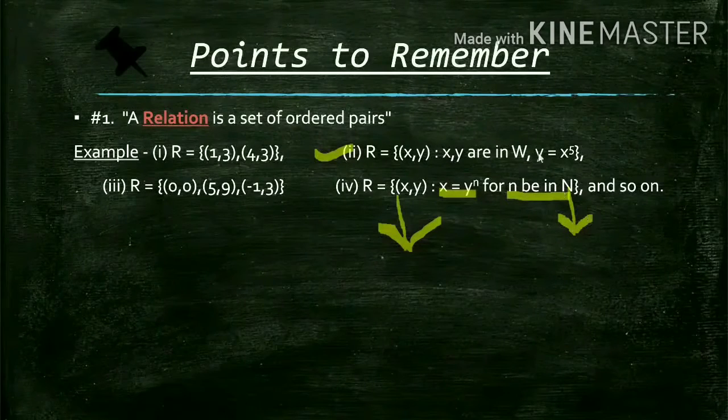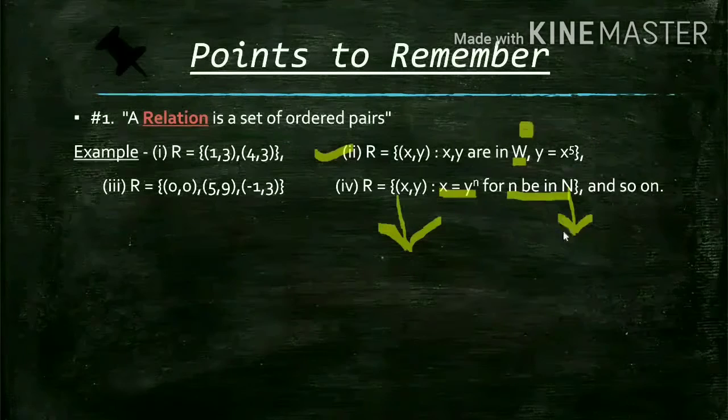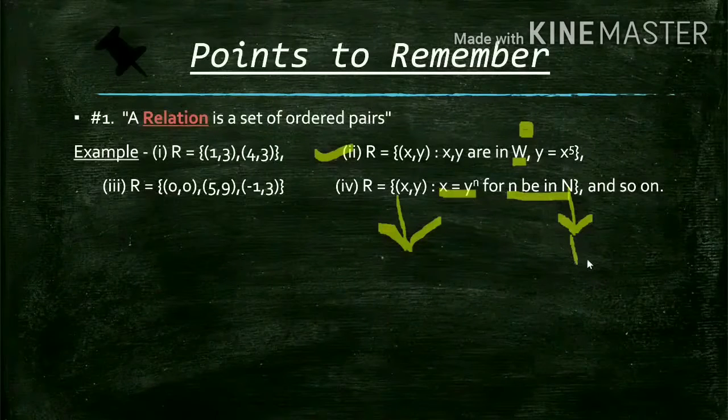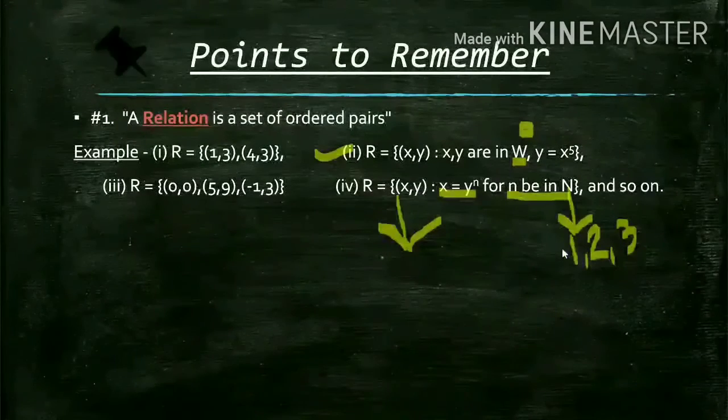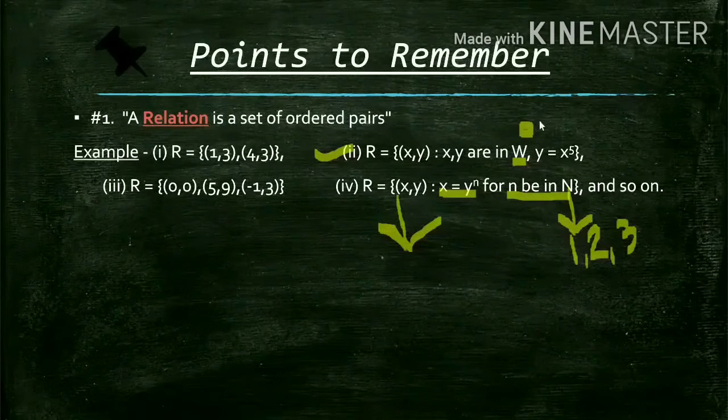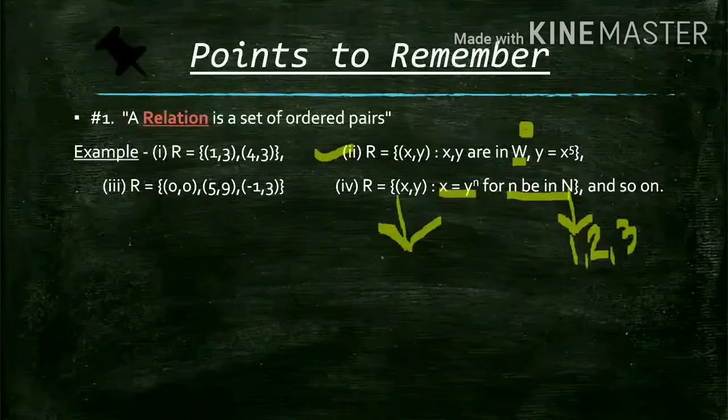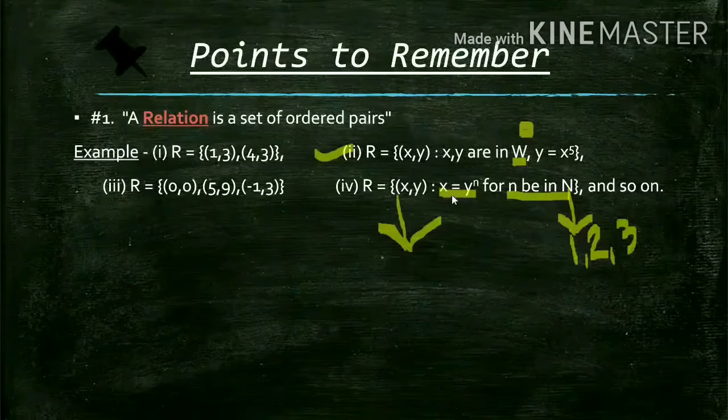You know the difference between whole numbers and natural numbers: whole numbers start with 0 and natural numbers start with 1. Both go in the same way, taking the positive integers only, but the difference is that whole numbers have 0, and natural numbers start from 1.